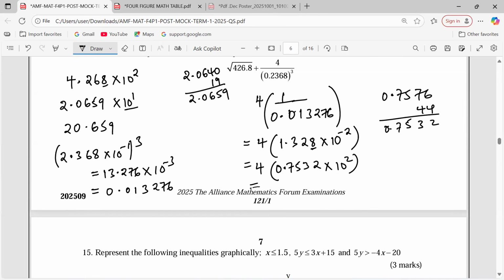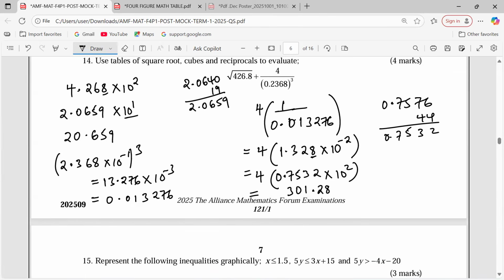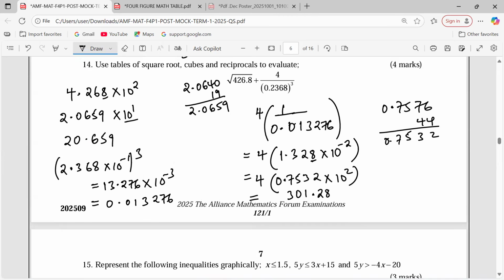And now computing this shall be 4 multiplied by 0.7532 times 10 power 2. That gives us 301.28. Remember we did this, and now we have gotten this.